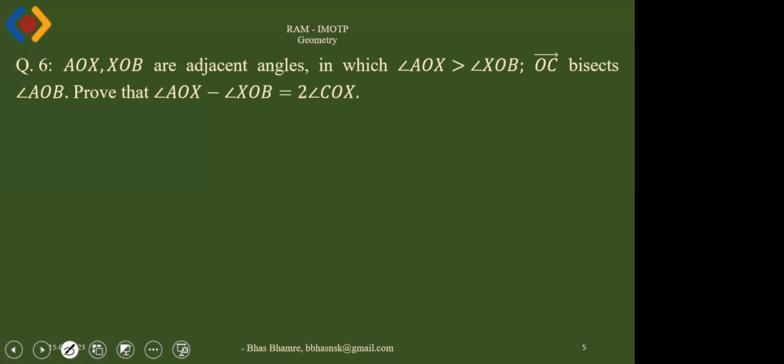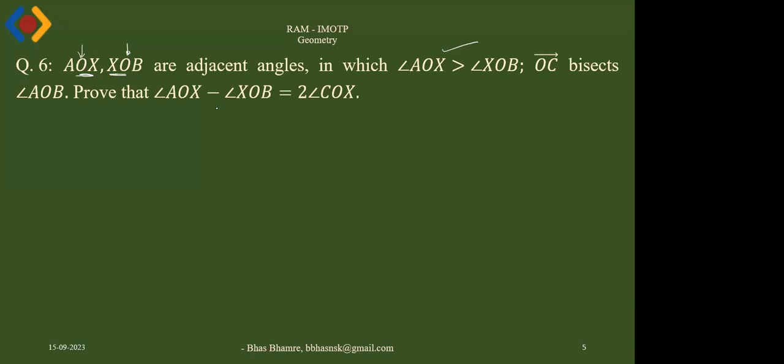Now we need to take care because angle AOB is formed by the summation of AOX and XOB, because they have ray OX common, vertex O common, and distinct interiors. So their summation gives angle AOB. Moreover, while sketching the figure, we need to keep in mind that angle AOX is greater than angle XOB. And then we need to prove that.